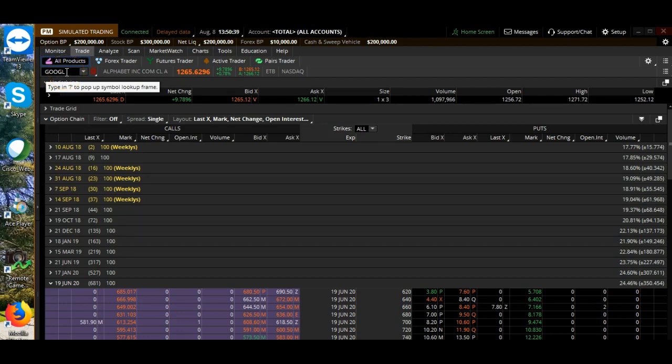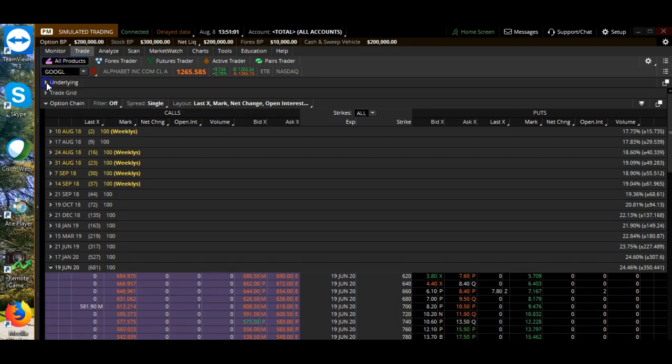Okay, what else do you need to know? Alongside here, it will tell you the actual price at which Google is trading as of now. Right now, Google is trading at $1,265 and change. Okay, so Google is the stock that we're interested in.